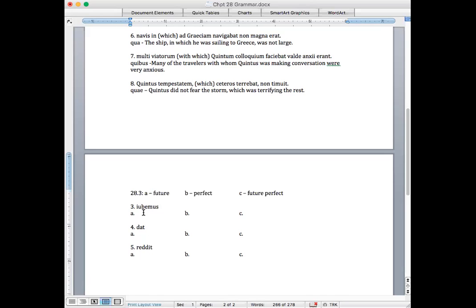It is going to be third because there's no long mark on the E. So I'm just going to, so I can remember, this is third conjugation. So if it's going to be future, oh look, it's already future. So eubamus is going to be the future form.